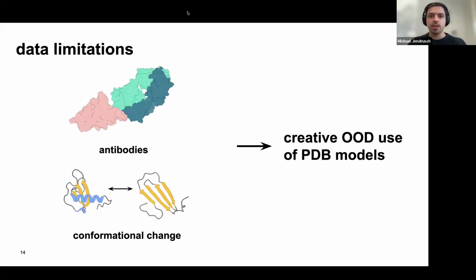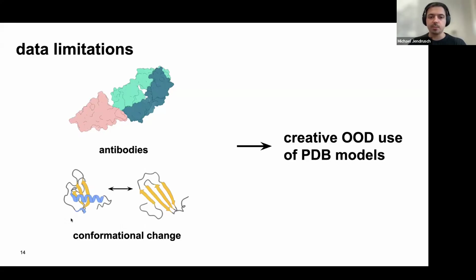And also, we need to be able to go beyond data limitations. So there are lots of types of proteins where there is very little data in the PDB, or the data diversity is low. One of these cases is antibodies. There are just not many antibody-antigen complexes in the PDB. And another very pressing case is proteins that change conformation upon some stimulus.